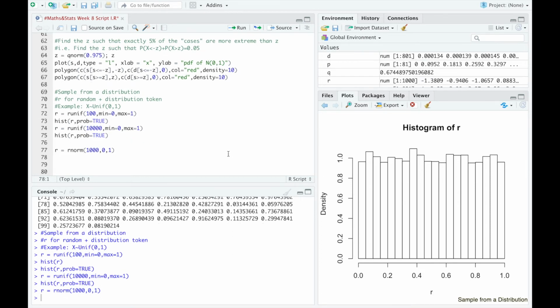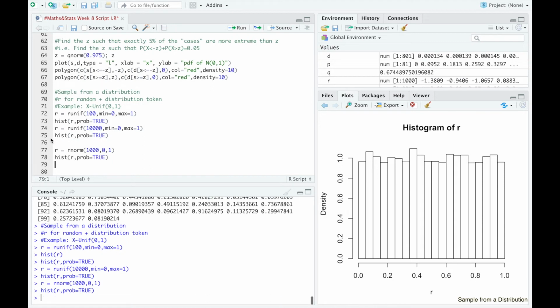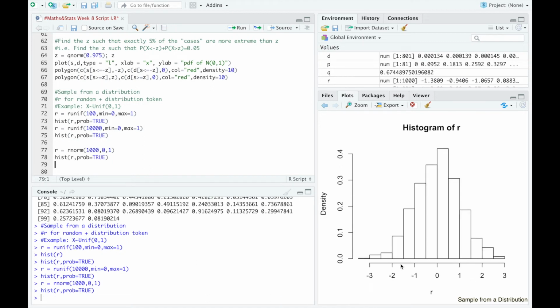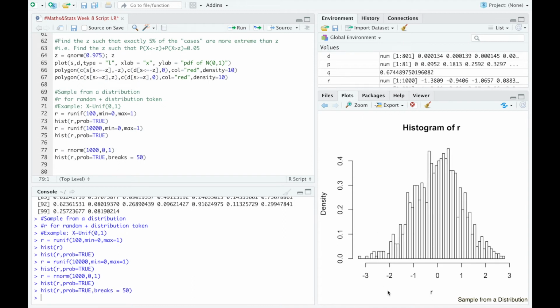And let's see what the histogram looks like. Okay, it looks good. As you know, you can refine your histogram by specifying, for example, breaks equals 50, if you want around 50 bars. Okay, it does look good.